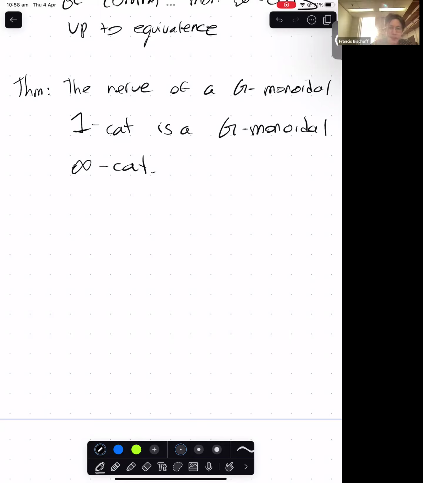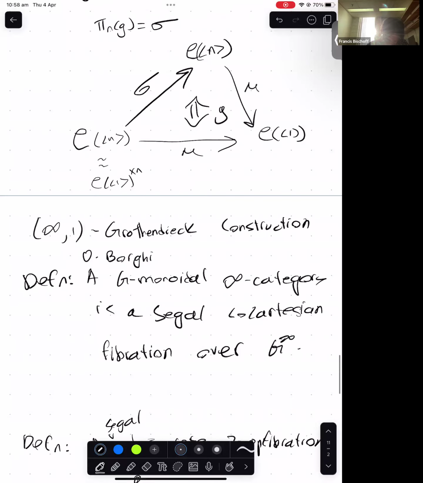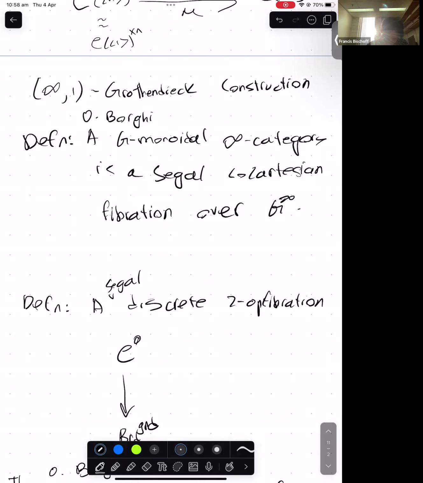Cool. I have a question, actually. The definition of one of these things is a fibration over this G-infinity, which is constructed from a group, I guess. It's constructed from an action operad specifically.